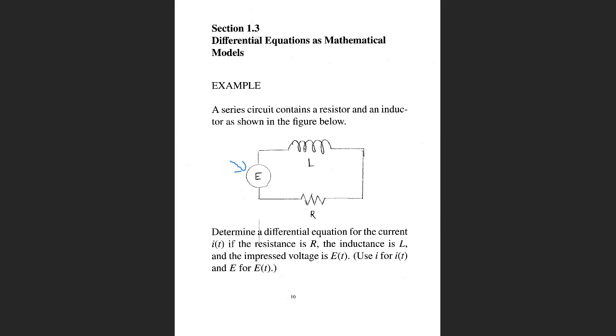In section 1.3, there's a little section on them, and the E there with the circle on it is the battery source, and it's called impressed voltage, E of t. So that's what the book says, and hopefully that's consistent with your other classes.